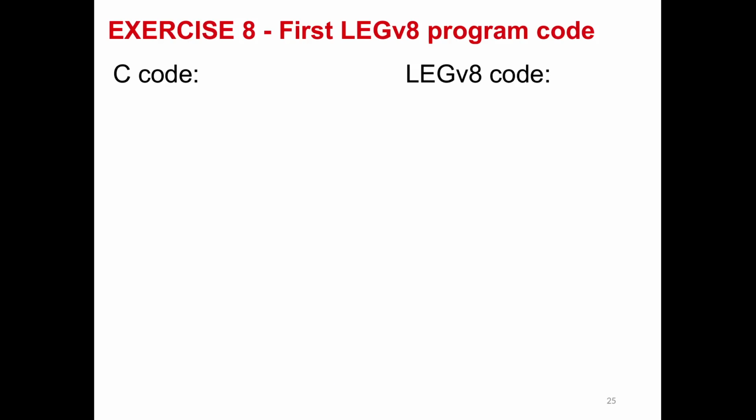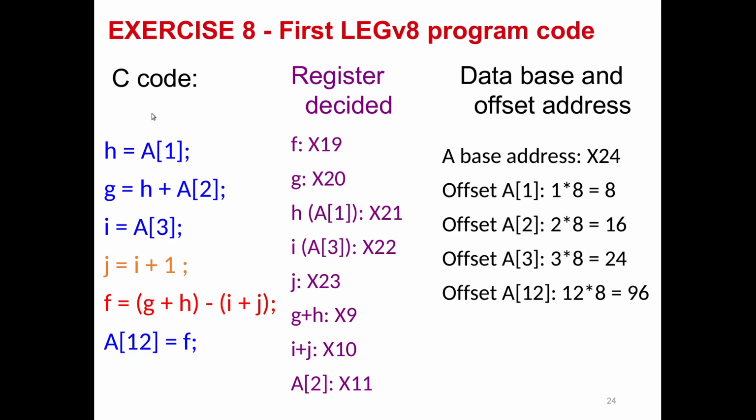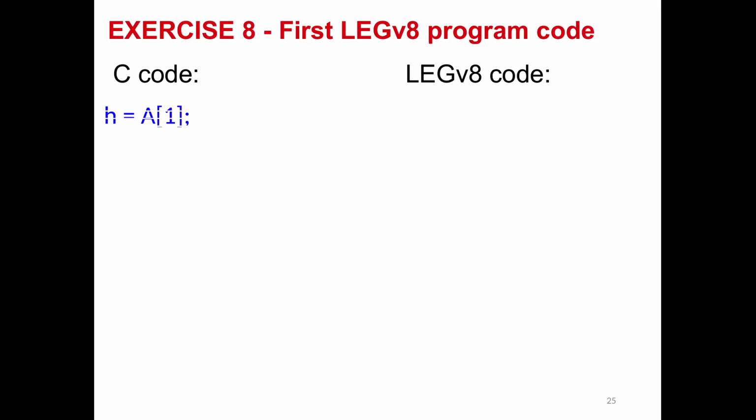Now we will change from C code to LEGv8 code using our decided registers and base address. For the first code, h equals A1, we know that we need to load the value A1 from memory to register h.